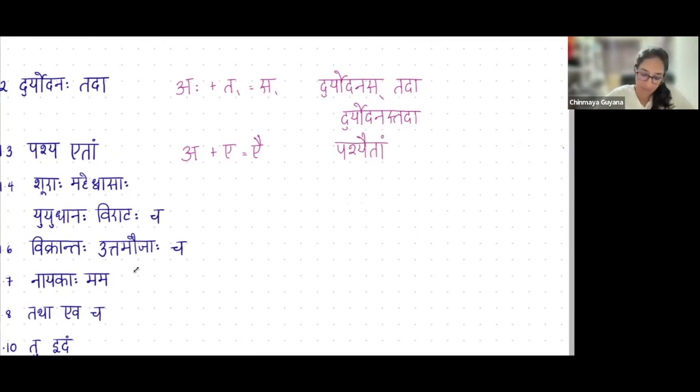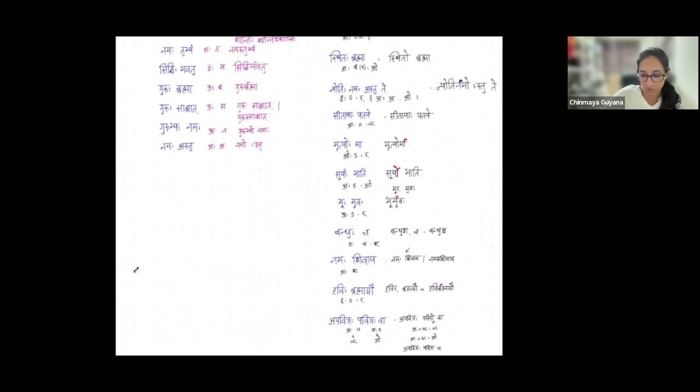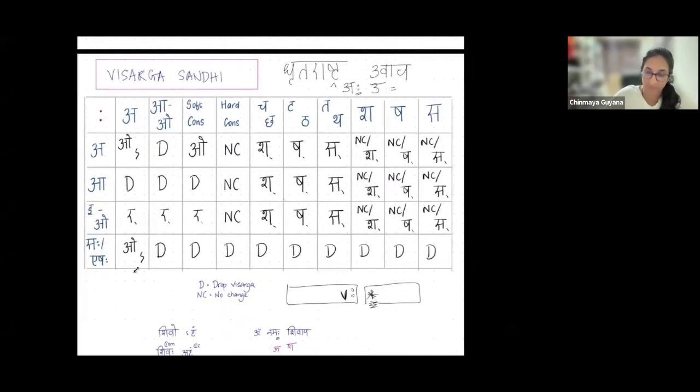Shuraha Maheshvasaha. So you have aha meeting a ma. Now, does ma have its own special row in the table? No. So now you have to ask, is ma hard or soft? Ma is soft, because ba bha will be hard, ba bha, ma soft. So soft, what was the word?